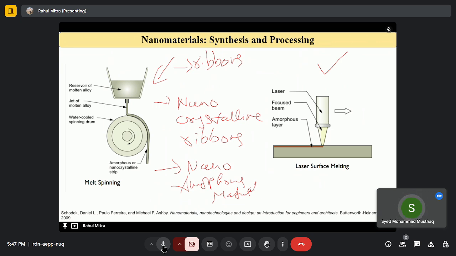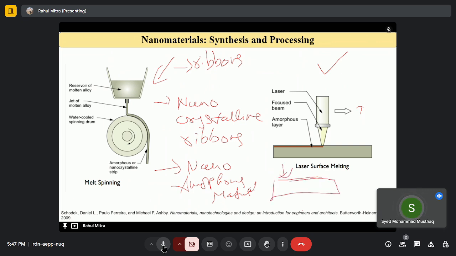The substrate acts as a heat quench, because what does it do? See, let me draw it here. We have a top surface and bottom surface.